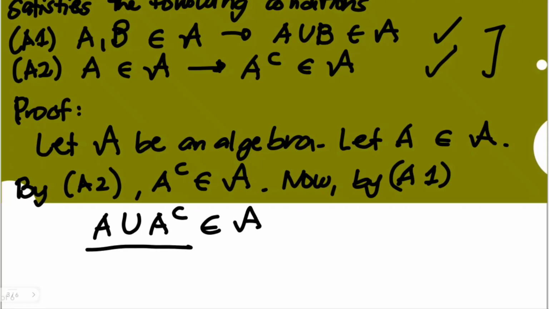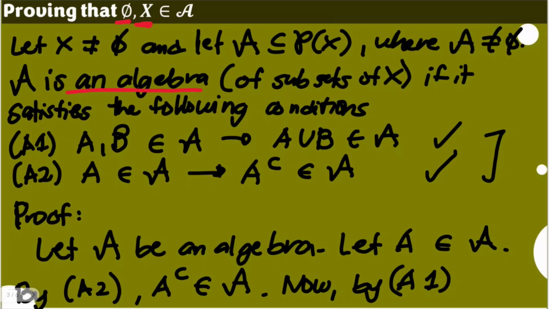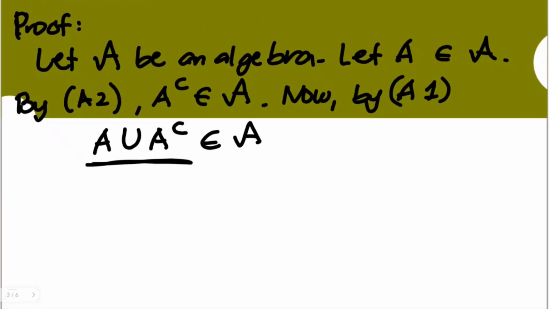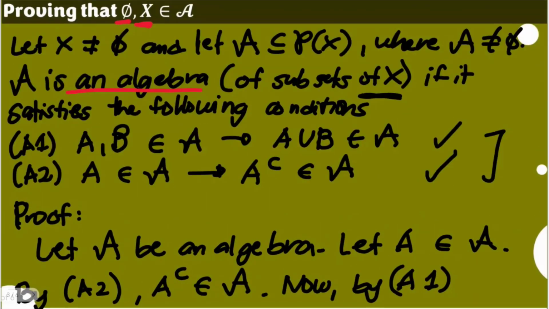But what is this union, by the way? Given that script A is an algebra of subsets of set X, when we get the union of A and its complement, it's equivalent to the set itself, set X. So set X is an element of your script A, and this is the first item we're trying to prove.